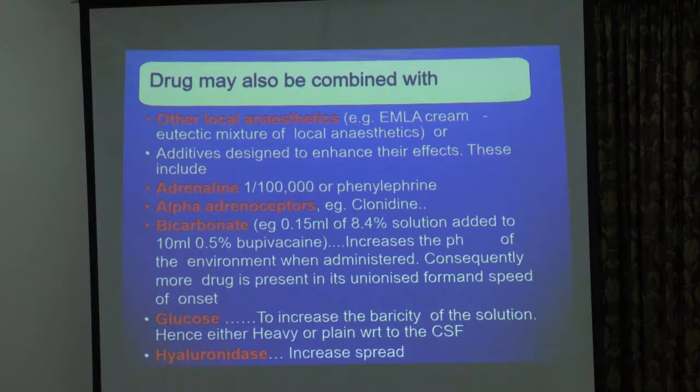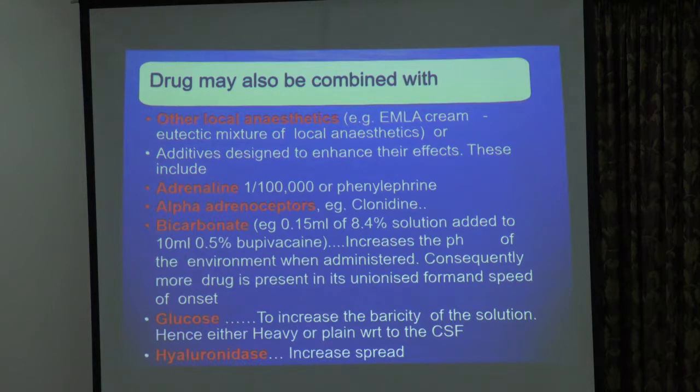So you can add glucose to it. And then others also add hyaluronidase. This is an enzyme, sort of, that when you mix it with it, it breaks down the tissues in the area and eases the spread of your lidocaine or your local anesthetic.